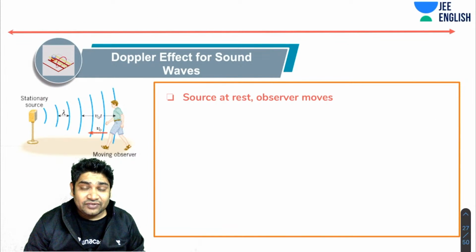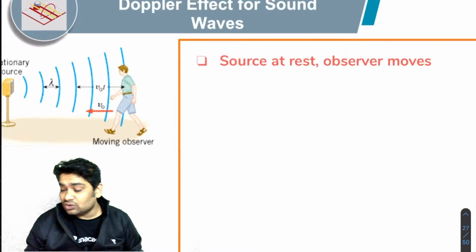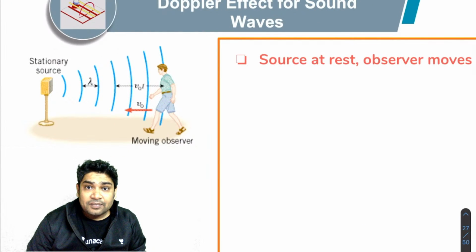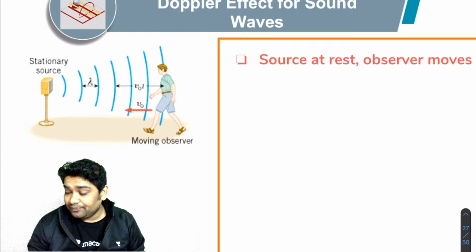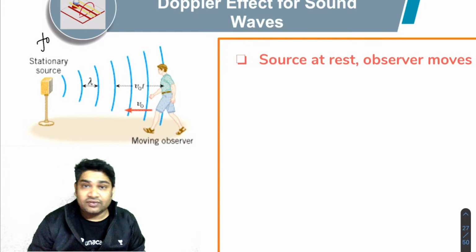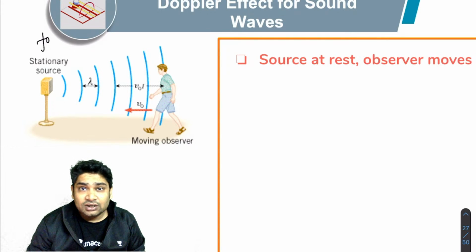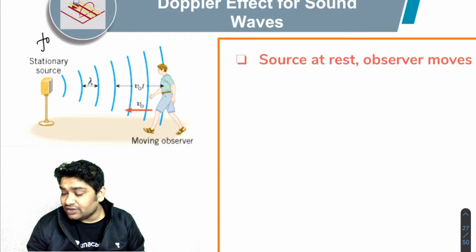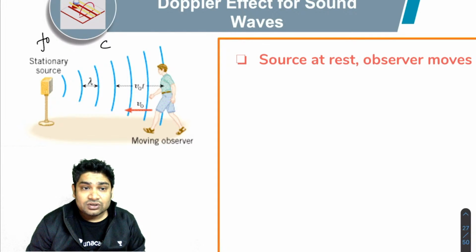So first, we want to see the effect of the motion of an observer when the source is stationary. So imagine, here is a source, and imagine this is emitting a frequency f naught, which is traveling in this medium with a speed c. So c is the wave speed.